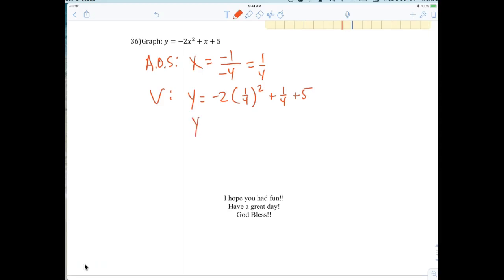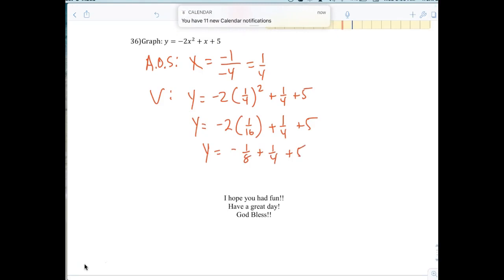So now, y equals -2 times 1/16 plus 1/4 plus 5. y equals -1/8 plus 1/4 plus 5. Does everybody agree? Now, common denominator is 8. Would you agree with that? So this would be 2/8 and -1/8.